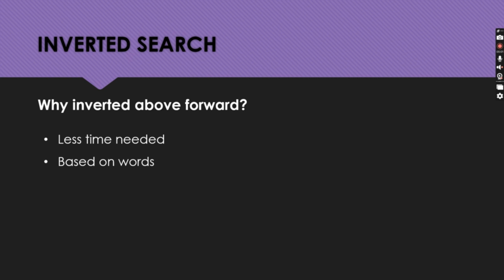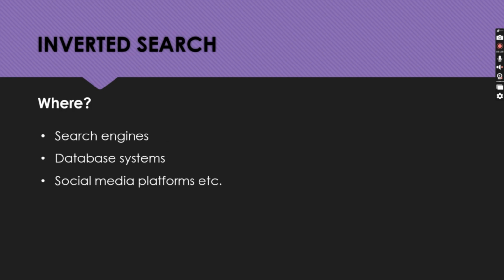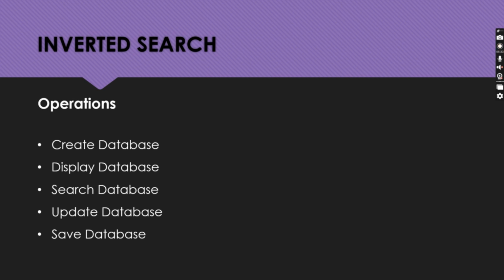It takes the first document as the first index, the 0th index, and it will point to each unique word listed in that document, and then it will go on to check the second document like that. So it takes some time. We are using inverted search in search engines, database systems, and social media platforms.